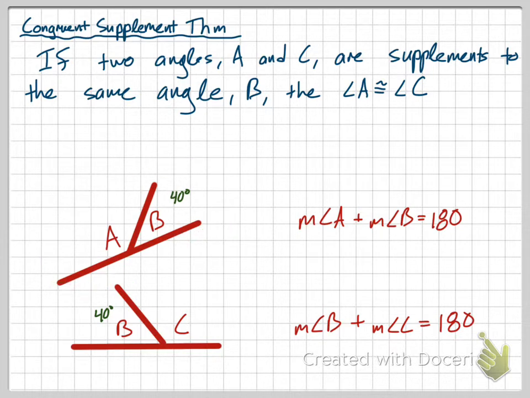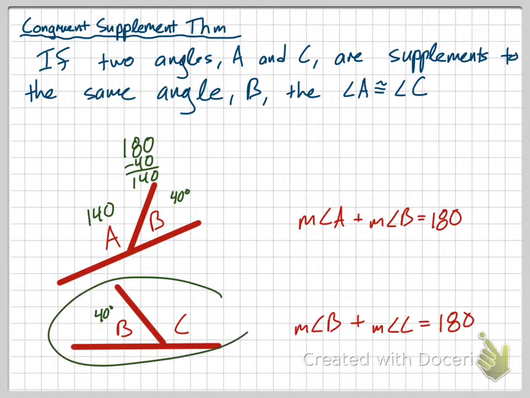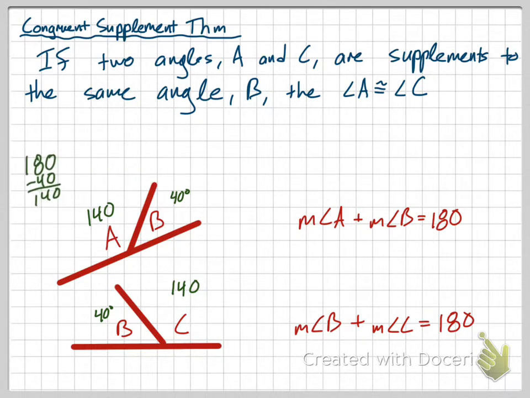And if we subtract the 40 from 180, we know that this angle A is 140, which would also be true for B and C. So what we're saying here is now angle A and C, because they're both supplements to B, we know that they are going to be congruent to one another, even though they're in two different pictures. They're not connected.